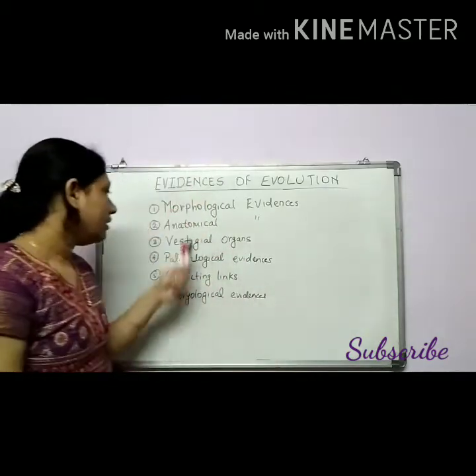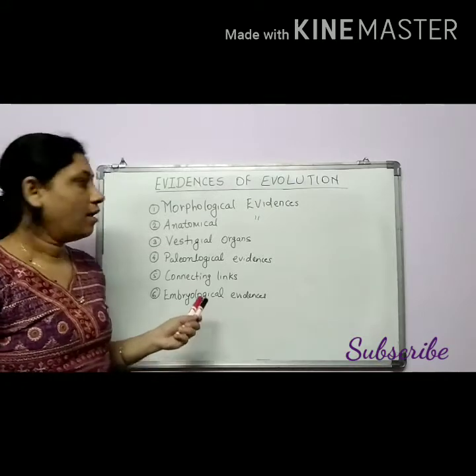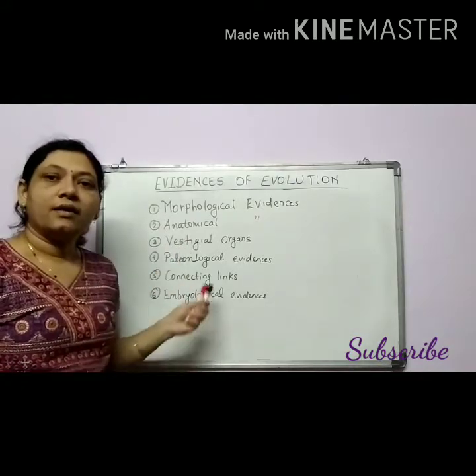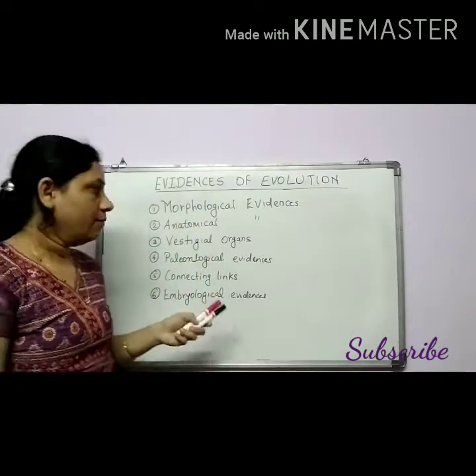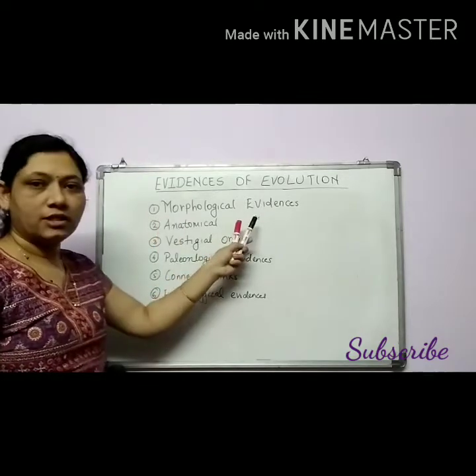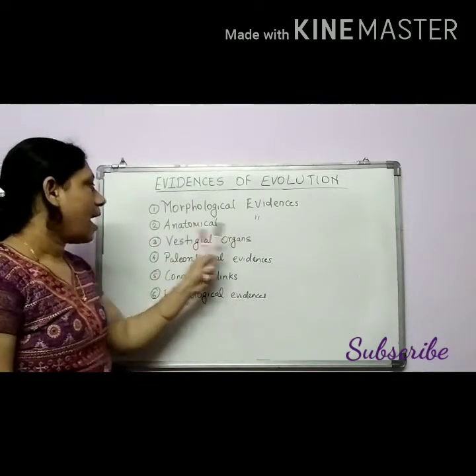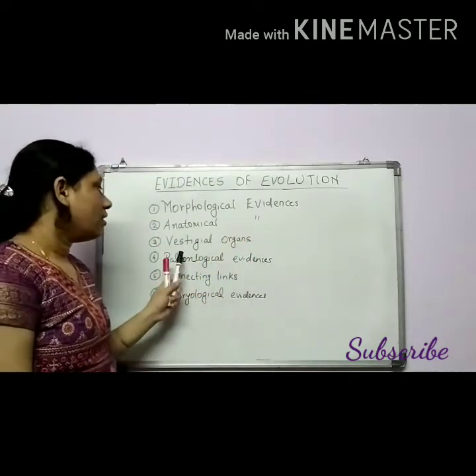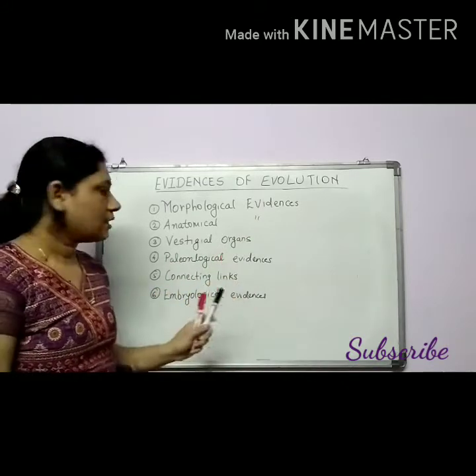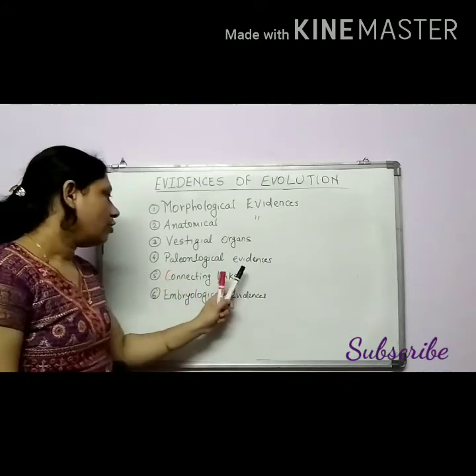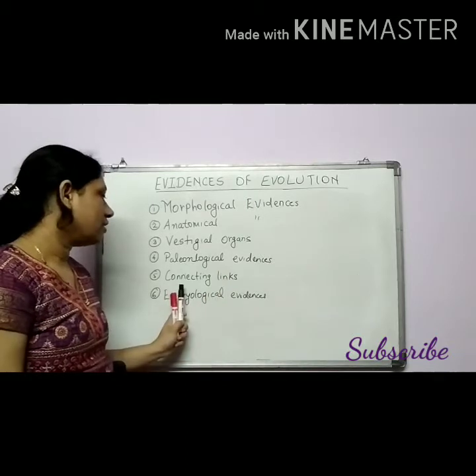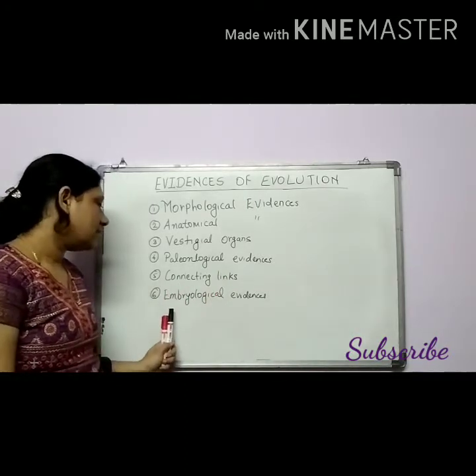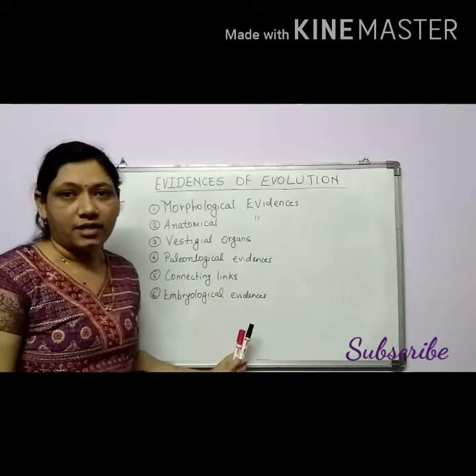Okay, so the evidences are divided into 6 parts. First is morphological evidence, second is anatomical evidence, third is vestigial organs, fourth is paleontological evidence, fifth is connecting links, and sixth is embryological evidence.